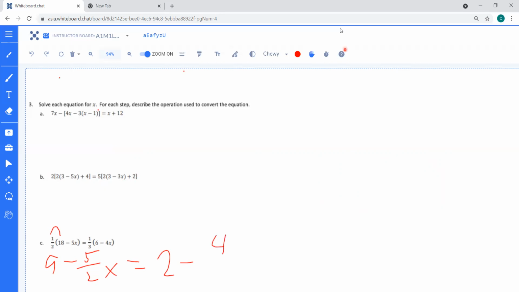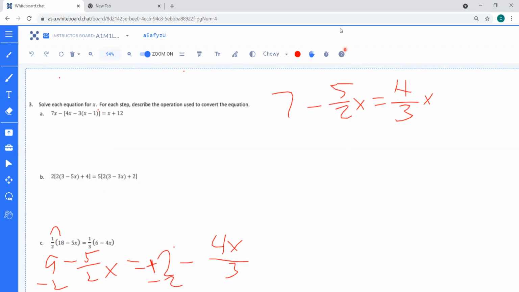Well, I don't know, so I'm just going to leave that as 4x over 3. Now, I can go ahead and move the 2 to the other side by subtracting 2. That gives me 7 minus 5 over 2x is equal to 4 over 3x.